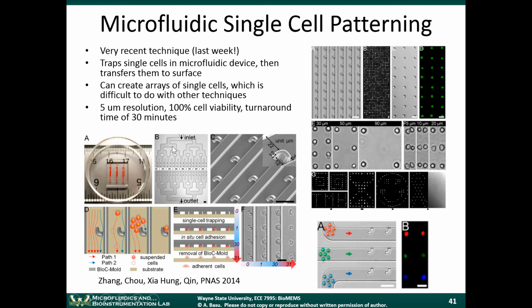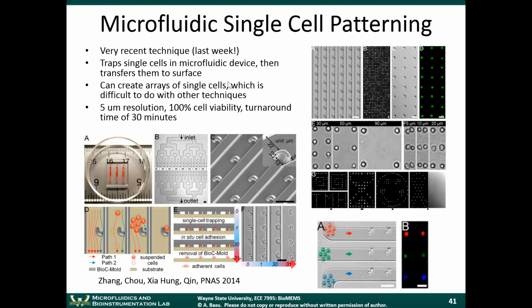Another approach to single cell patterning is to actually use flow in a microchannel. Okay, instead of just seeding out the cells on a plate and letting the cells attach and then washing the excess away, which is what we've been basically talking about this entire lecture, another completely different approach is to use microfluidic channels, specifically cell traps.